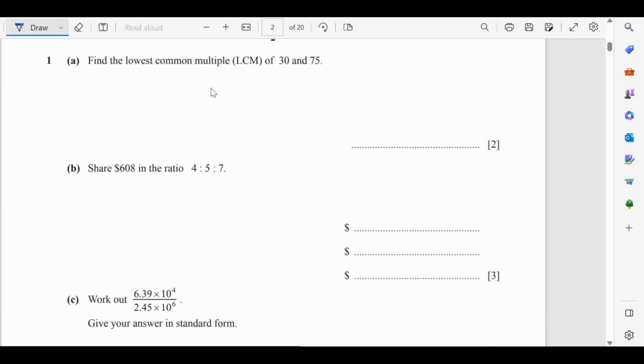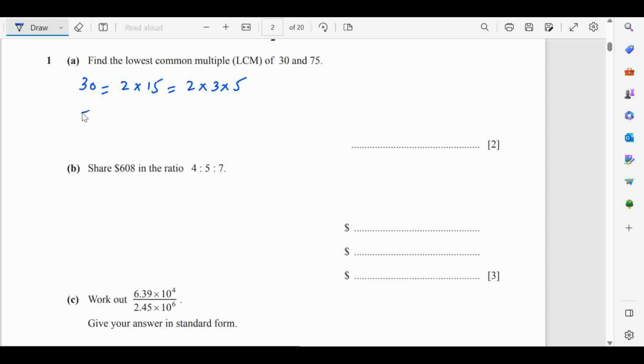Find the lowest common multiple of 30 and 75. So we can write 30 as 2 multiplied by 15, and we can further write it as 2 multiplied by 3 multiplied by 5.